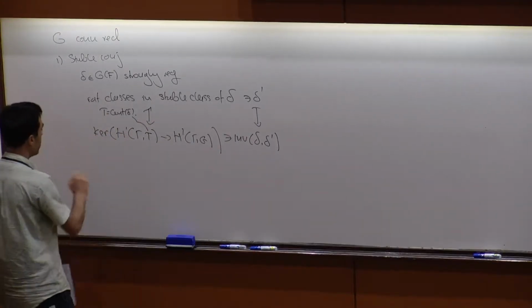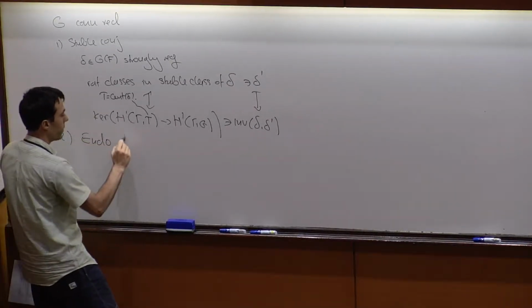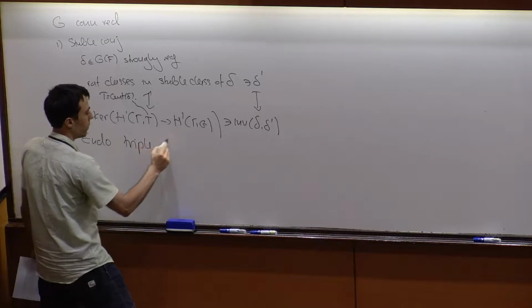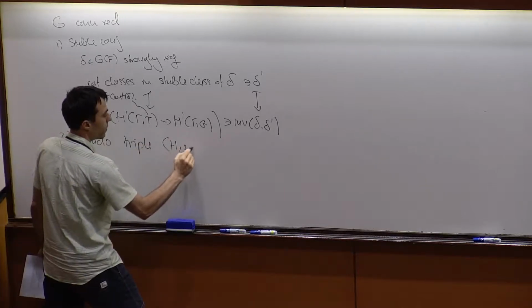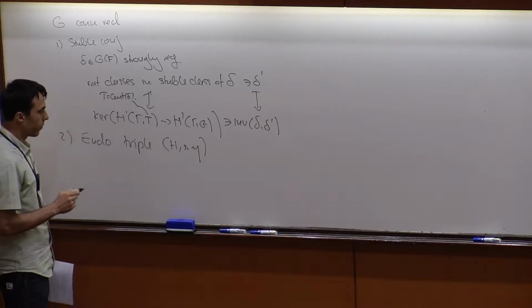And then the next thing we discussed was endoscopic triples, H, S, eta, where we said what those things were.